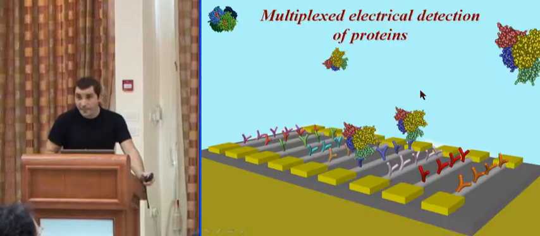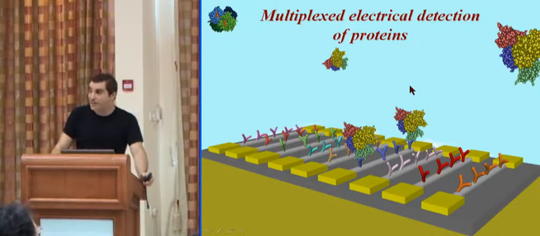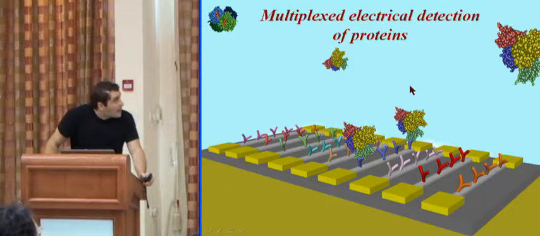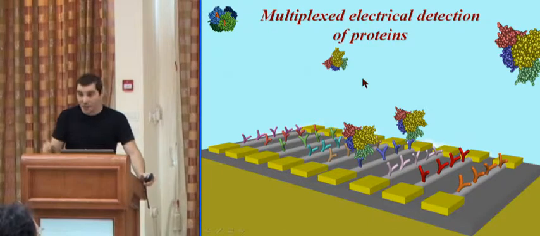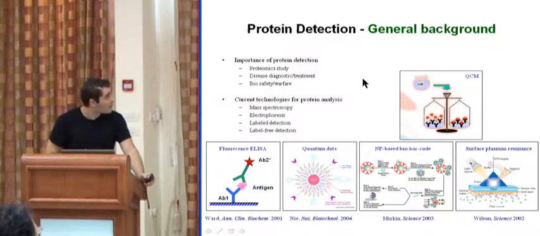The next step is the detection of proteins by using the same devices. And the big challenge here is to use what I call multiplex detection, to be able to sense multiple proteins simultaneously in solution using a single chip. I won't enter now into the many techniques that people use today for the detection of proteins.